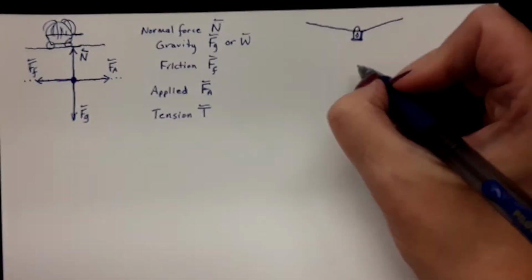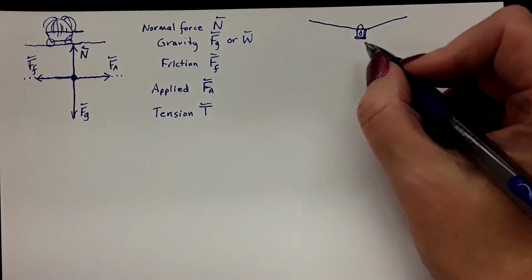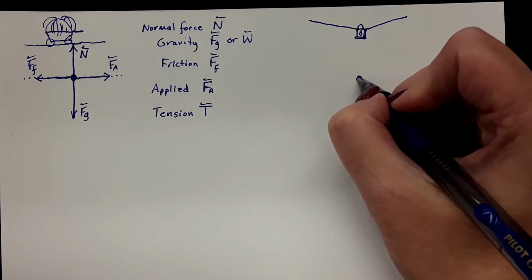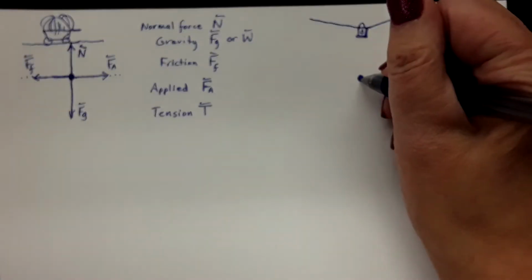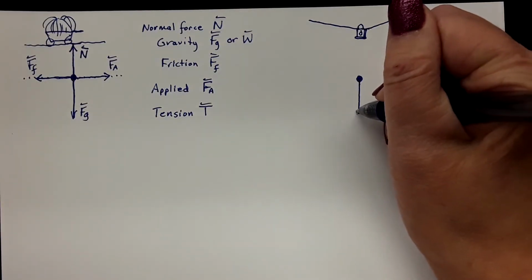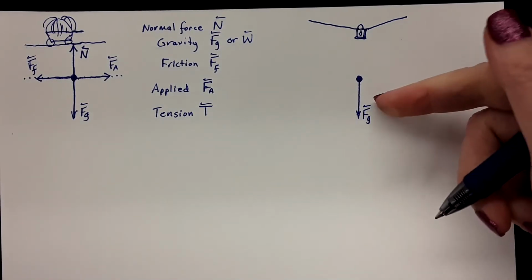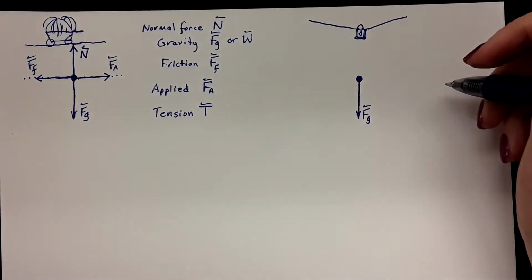And we want to draw the free body diagram of what's acting on that lantern. So we draw a dot for the lantern. And the first thing we always do after we draw our dot is draw its gravity from Earth, its weight, because as long as you're on Earth, that one exists. Gravity never turns off, so that's always there.